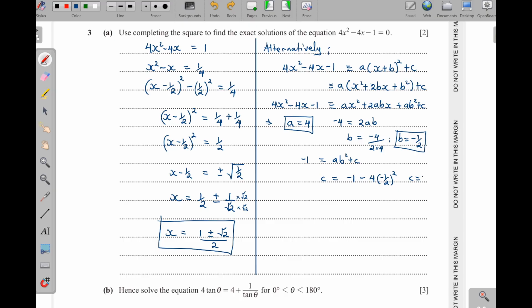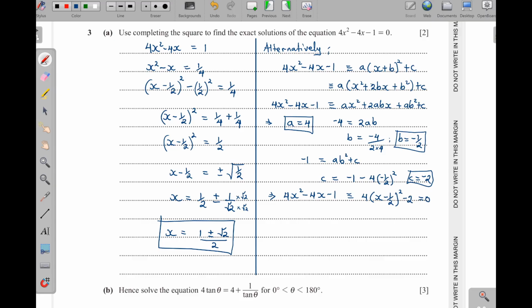That will be negative 2. So this therefore implies that 4x squared minus 4x minus 1 is the same as 4, then inside here x, and our b here is negative a half, then squared, and then our c is minus 2.